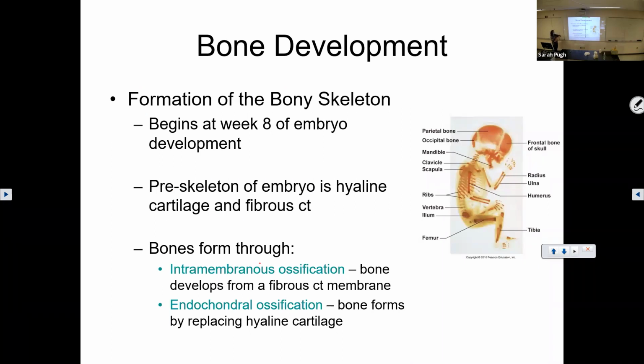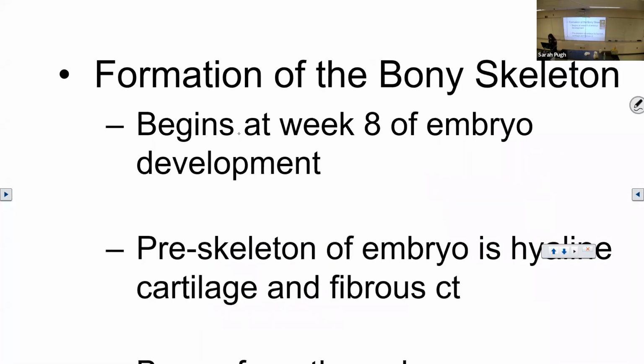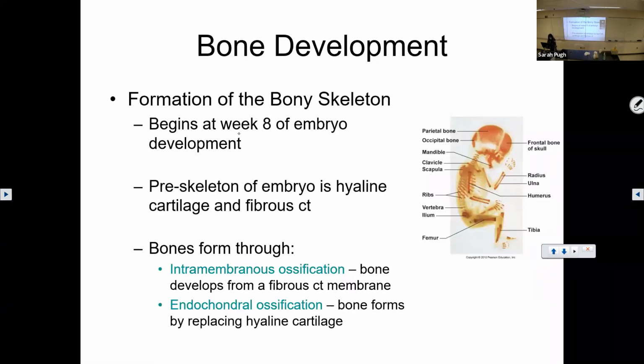So we're going to start with the very first one, which is just the development of bones in an embryo. The formation of bones in an embryo starts at around week 8. Oops. I have no idea what happened. There we go. Starts around week 8. Now, just to give you some perspective, I think I've mentioned this before.